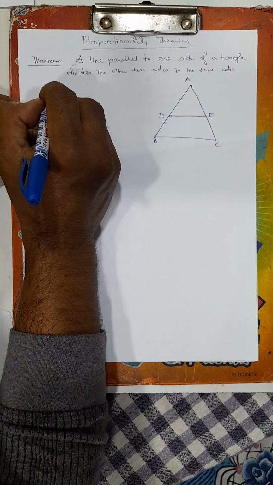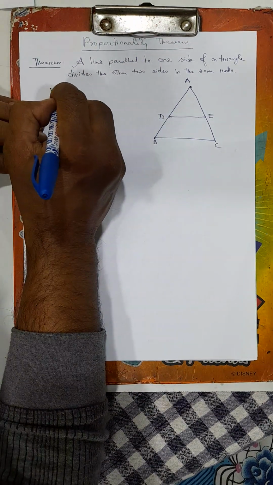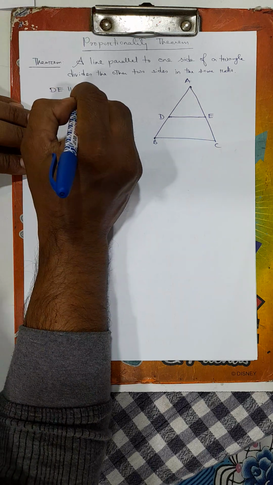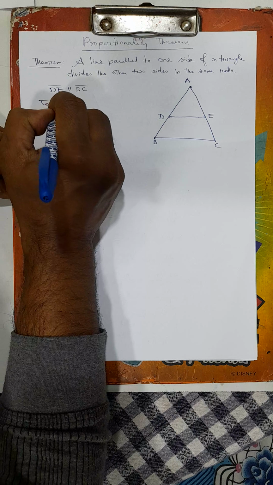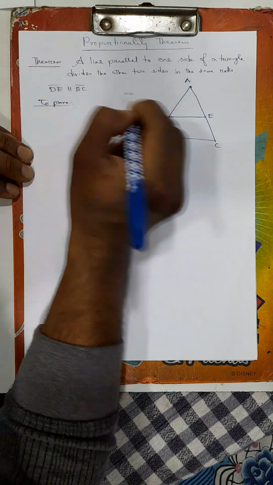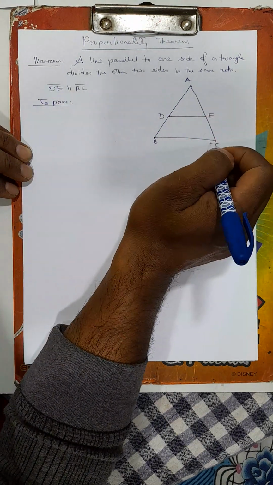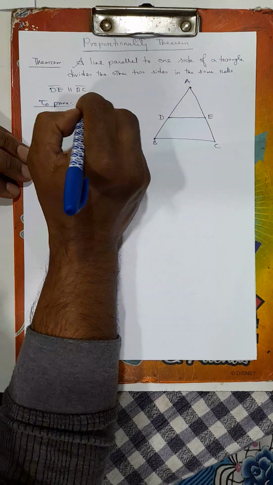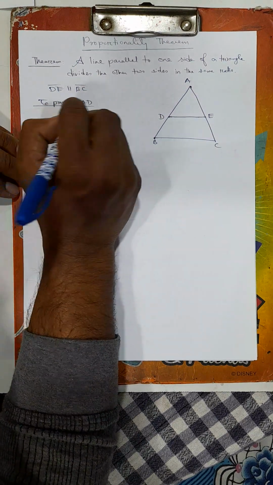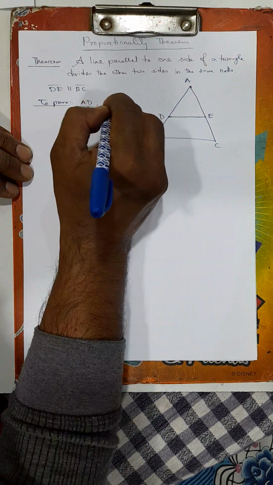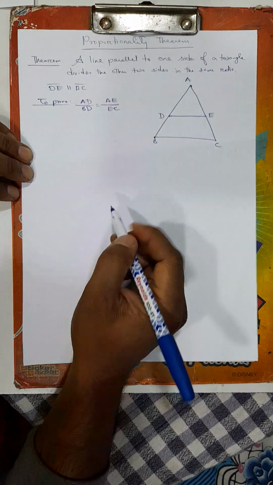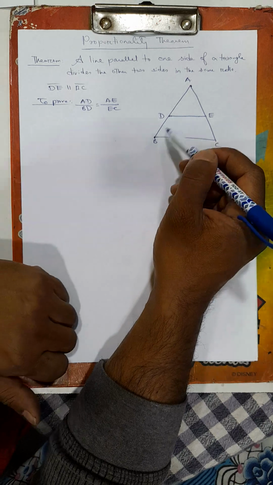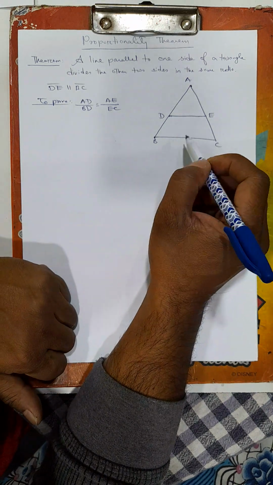Right? So you are given that DE parallel to BC, right? To prove that this line DE divides AB and AC in the same ratio. AD by BD equal to AE by EC. We have to prove that this line DE divides AB and AC in the same ratio.